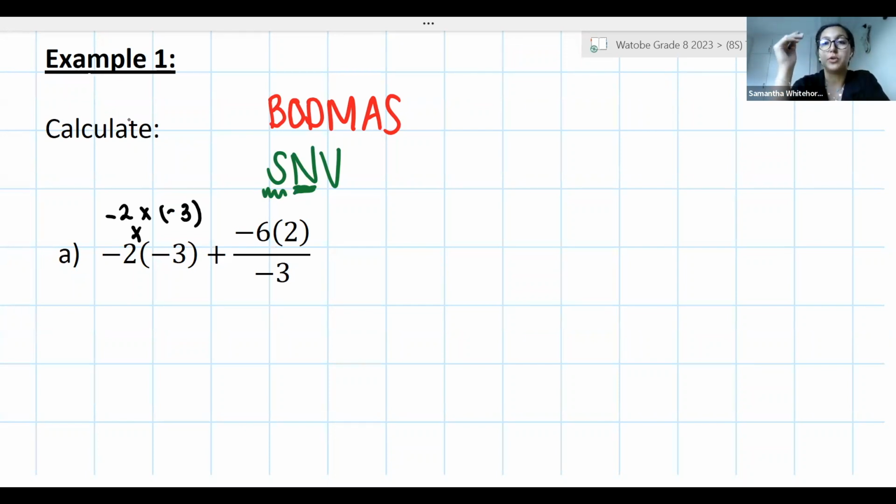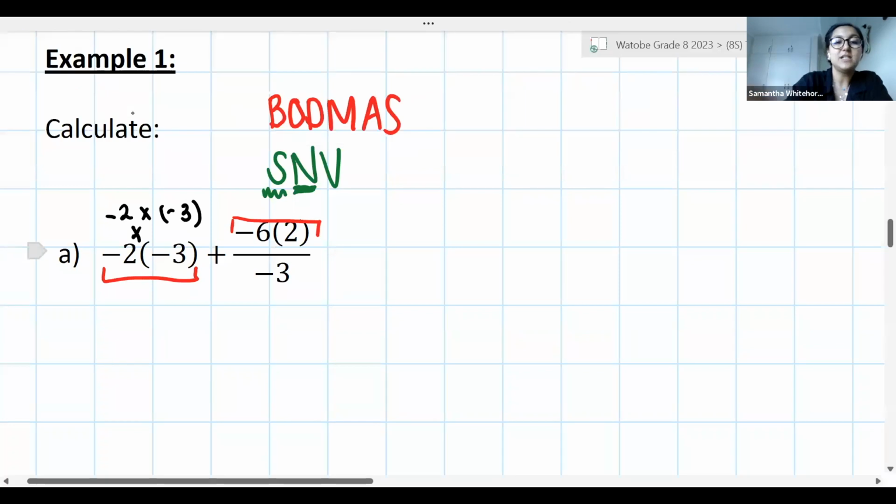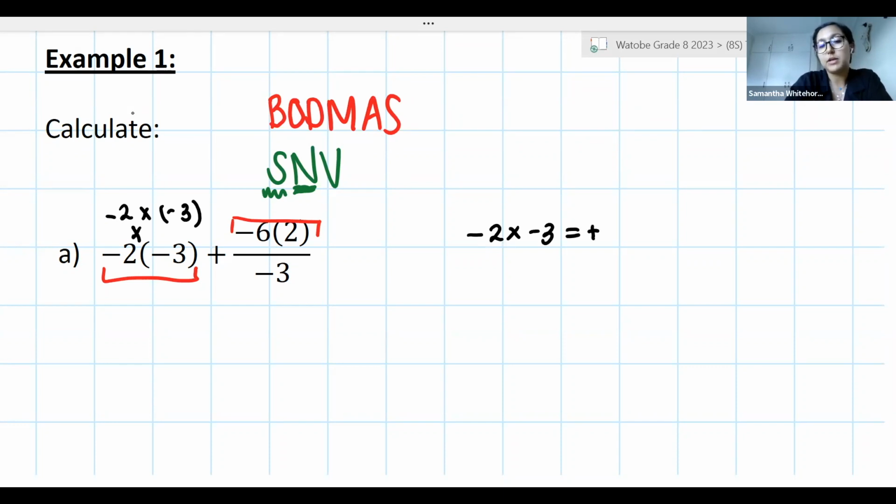And that's important to know because obviously when we start doing BODMAS, we need to know where the multiplications are. So here I've got a multiplication. I also have a multiplication in my numerator. So let's start with those. A negative times a negative, so if I just do this here, -2 times -3. Negative times a negative is a positive.